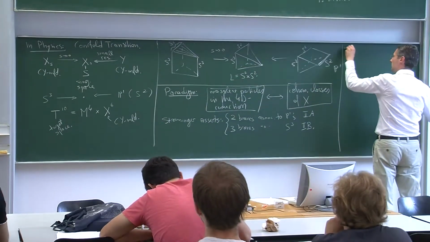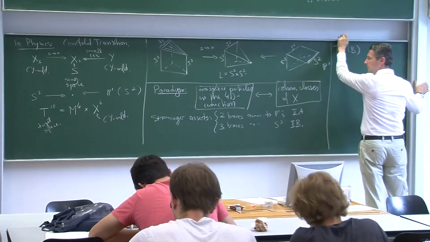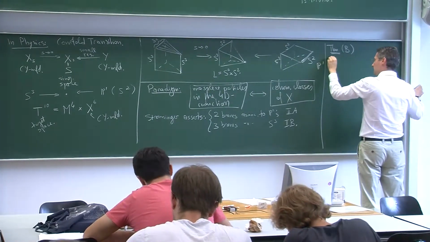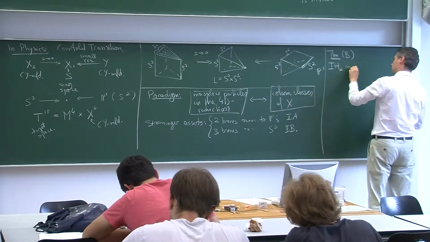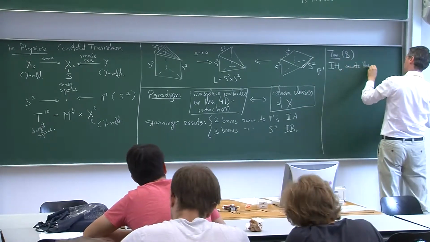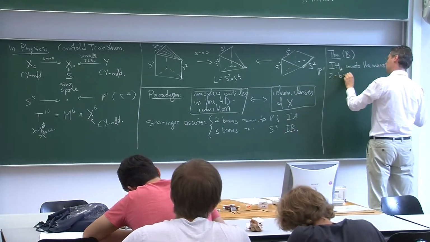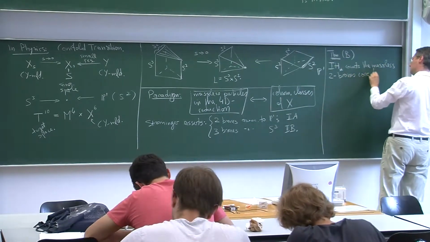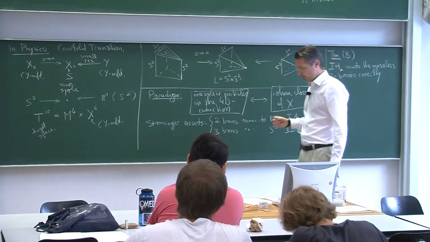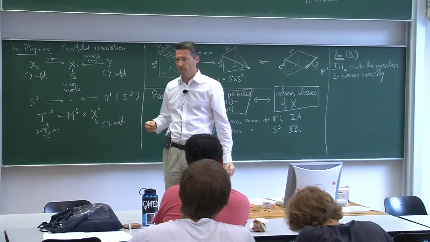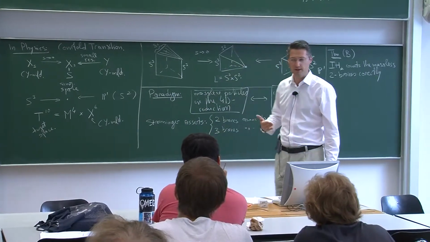And in fact, the theorem is that intersection homology counts the massless two branes correctly. Here it is not so important what precise mathematical model you take for what a brane is. It's only relevant that you can count them, and that we certainly can.